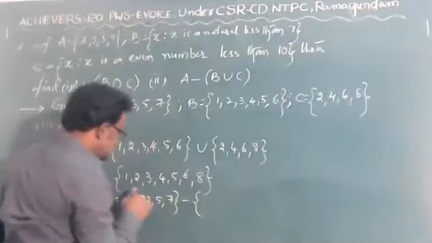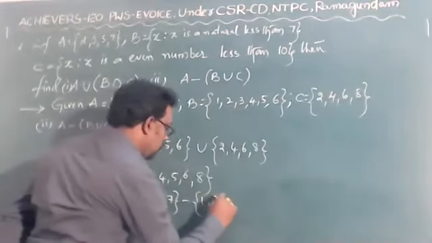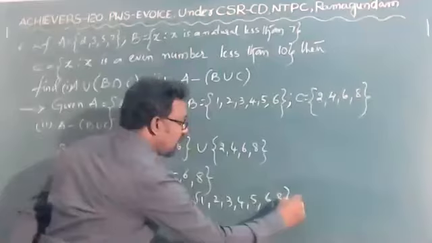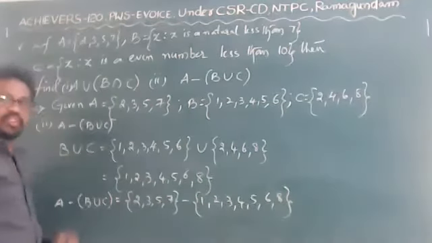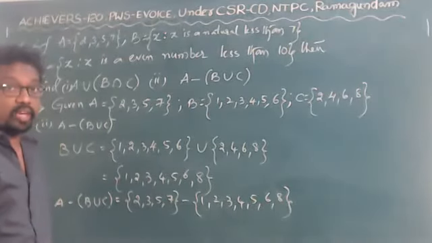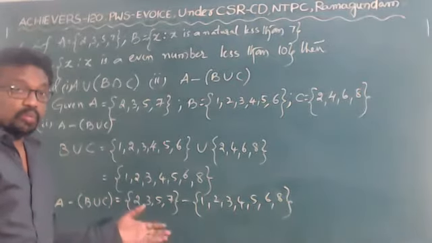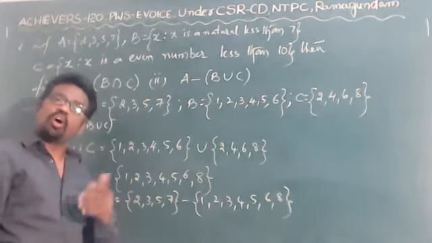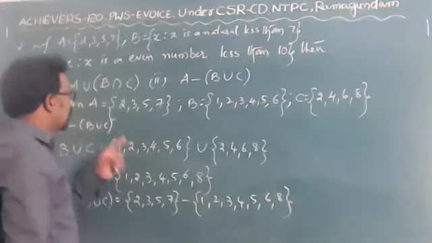What is the result? 1, 2, 3, 4, 5, 6 and 8. There is no 7, children. Carefully write down the elements very carefully. That one only gives the result here, whether it is a union, intersection or difference. Already you can do it here.